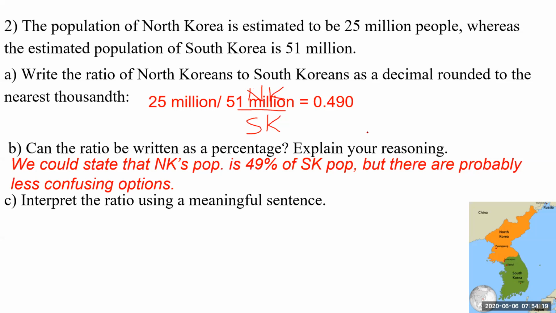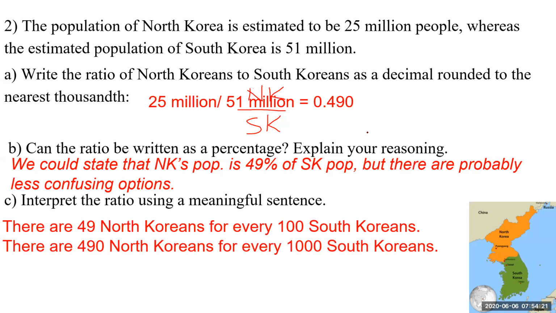So we look at that. Now, interpret the ratio using a meaningful sentence. You can do this in different ways. What this means is that there are 49 North Koreans for every 100 South Koreans. So how did we do that? We did that by dividing this by 1. We know every number is over 1.